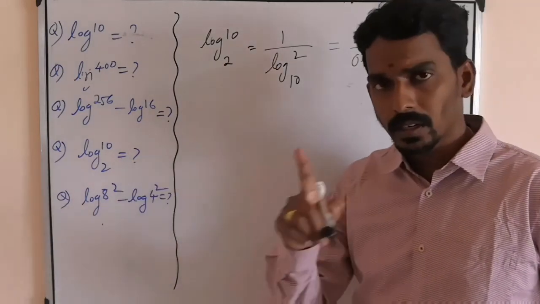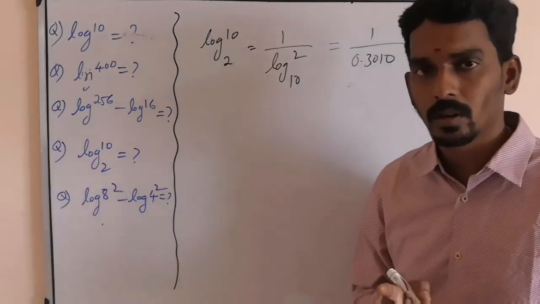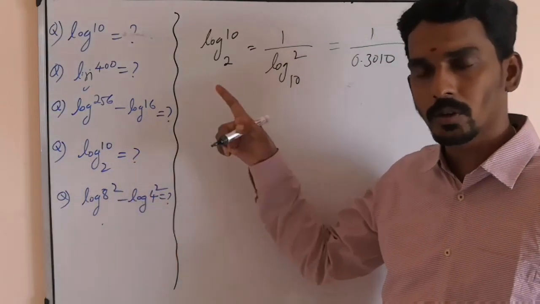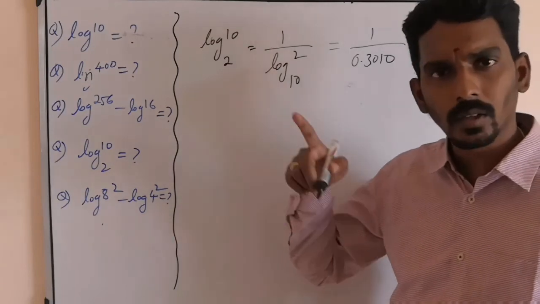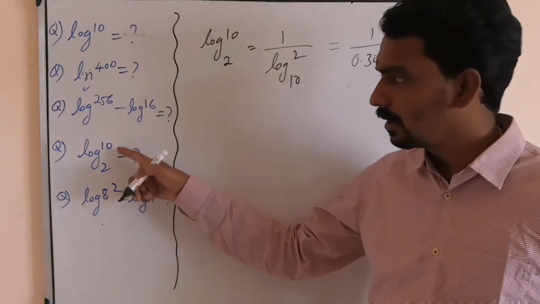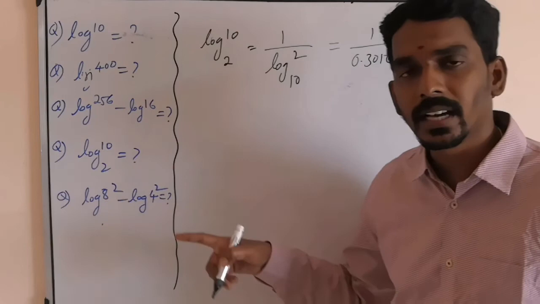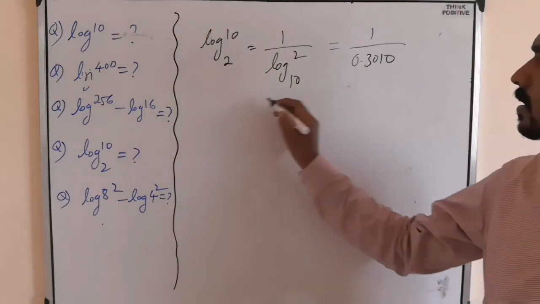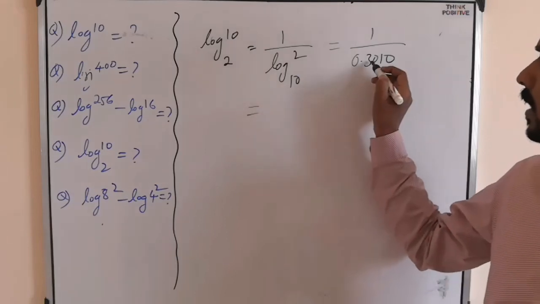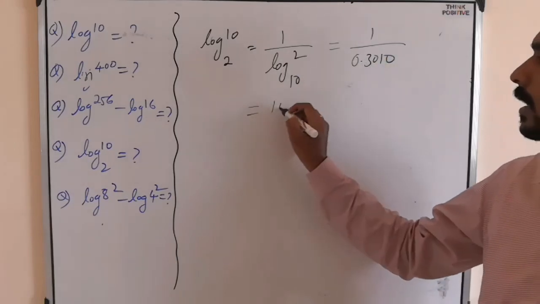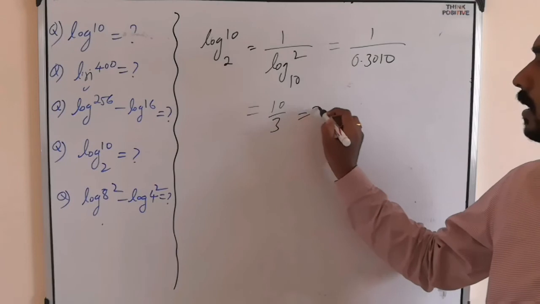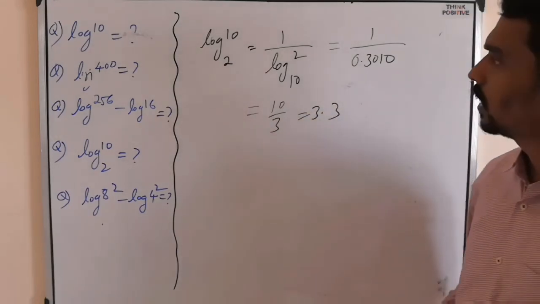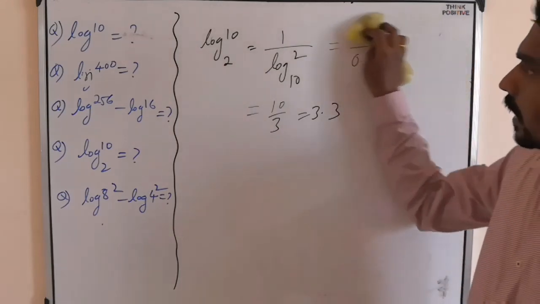Because I have given one last extra formula: when a logarithm goes from denominator to numerator or numerator to denominator, the base and the function interchange. So it is approximately 0.3, and 0.3 means 10 by 3, which is about 3.3. So this way take the calculation.